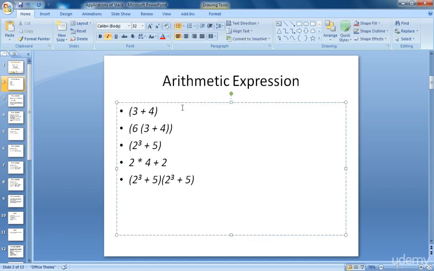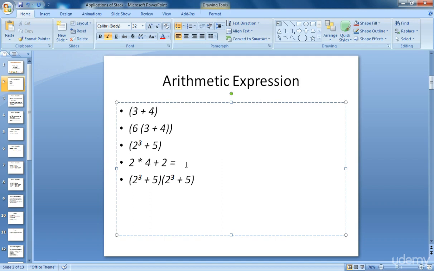If I want to evaluate, let's suppose this expression, then how would I evaluate this? Here, I need to take care of the precedence of operators. Let's say I have multiplication operator and I have addition operator. So what would I do first? Should I add these two values, or should I do the multiplication first?